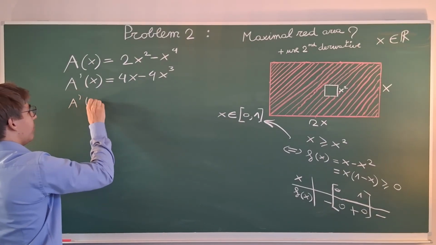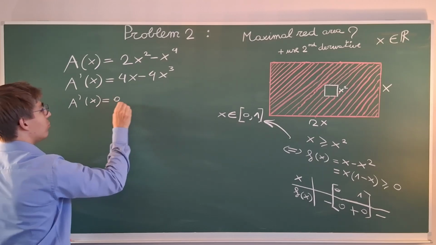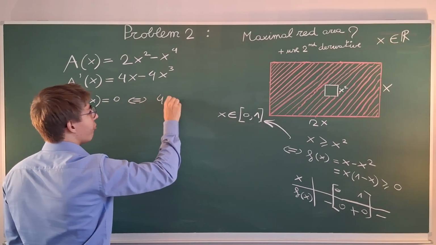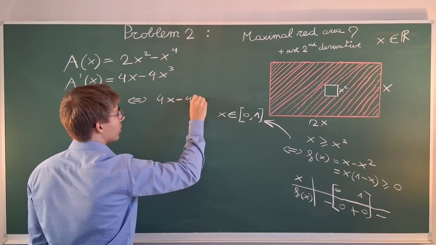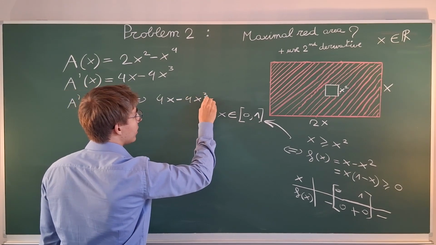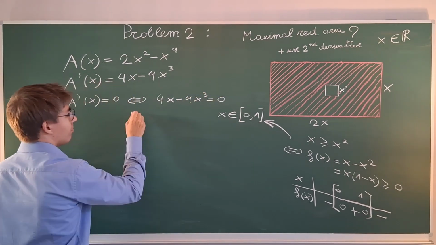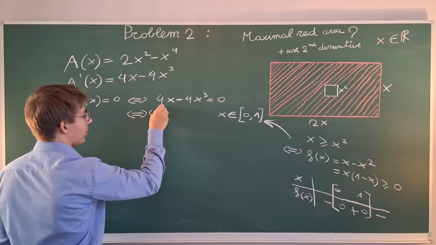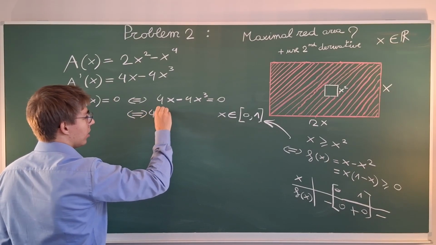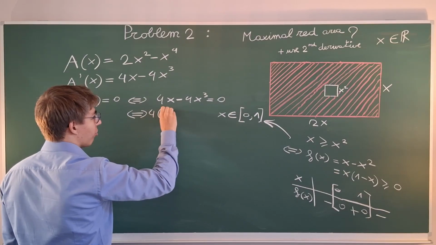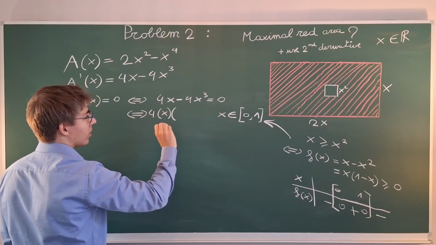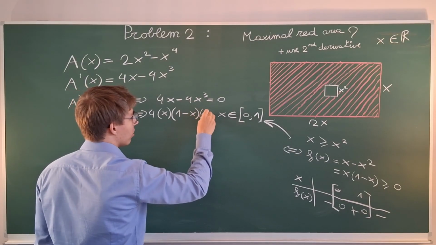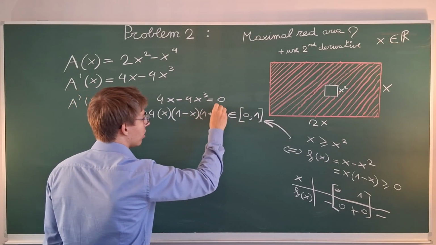So, the first derivative is equal to 0 if and only if 4x minus 4x cubed is equal to 0. Now we can just simply factor this into 4 times x times 1 minus x times 1 plus x.